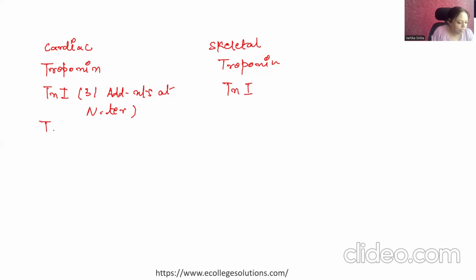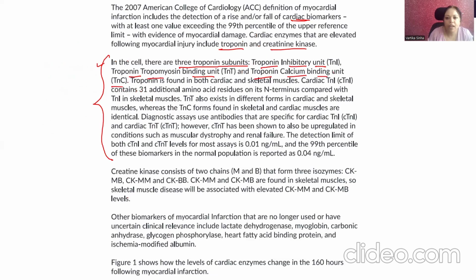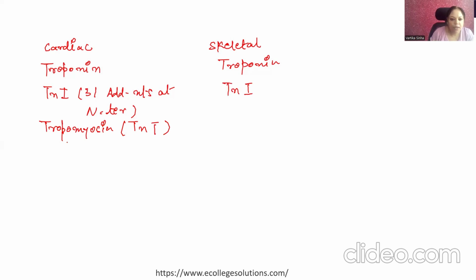Now, next topic is the tropomyosin and TNT. They call it TNT. If I go back, if you find here, the tropomyosin binding unit is known as TNT. So I have written the short form, TNT, or you can write tropomyosin binding subunit, right?